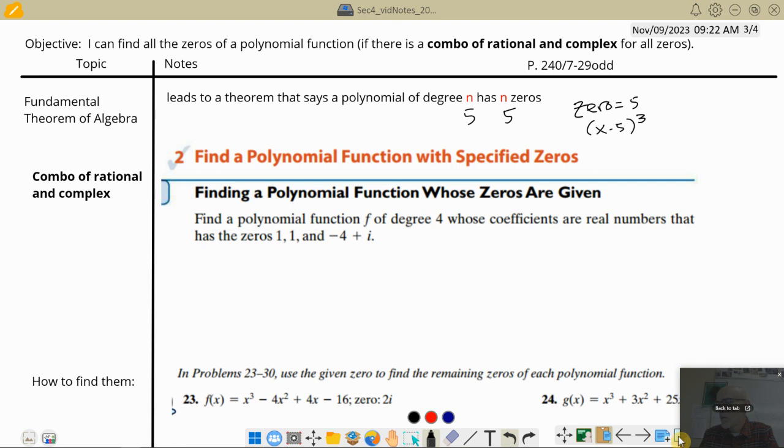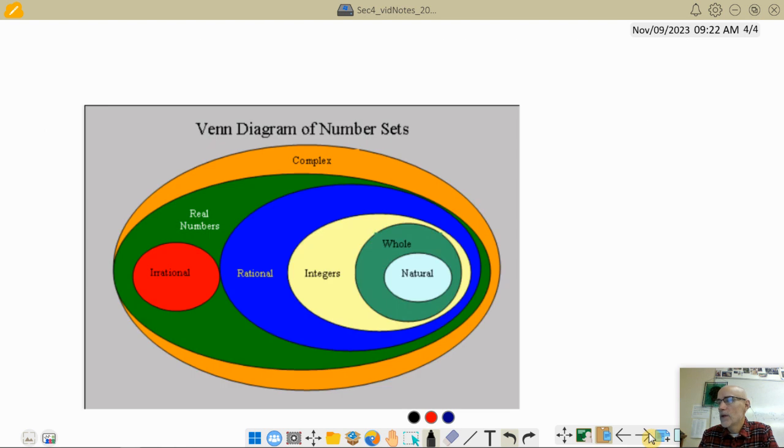Okay. So let's talk about what a real number is and what a complex number is for just a second, right? So we have these real numbers that we deal with every day, like 5, like 17, like 2.35, like pi. These are all real numbers, right? -17, something like that, right? So what the heck is a complex number? Well, that's when we tack on an imaginary component to it.